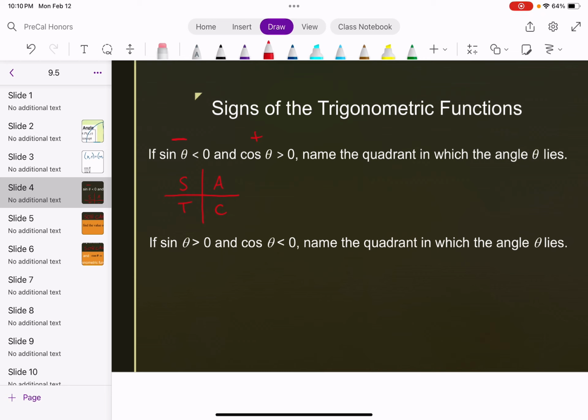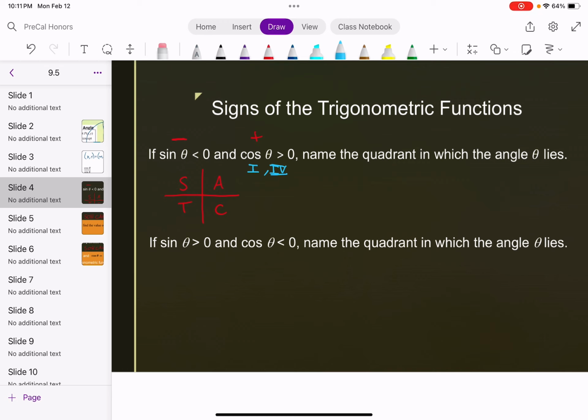When we take a look at cosine theta, it can only be positive in one of two locations. Cosine theta can only be positive in quadrant 1 and quadrant 4. Now, we have to take a look to see where sine is less than 0, or where sine is negative.